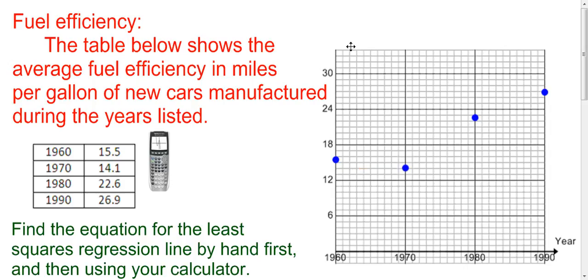You can see that when you do that, it looks like as years pass, in more recent years the fuel efficiency, or the number of miles per gallon, increases, okay? There's a general trend that as time passes, miles per gallon fuel efficiency is getting better. So what we want to do is come up with an equation that we can use to predict the fuel efficiency in any given year.